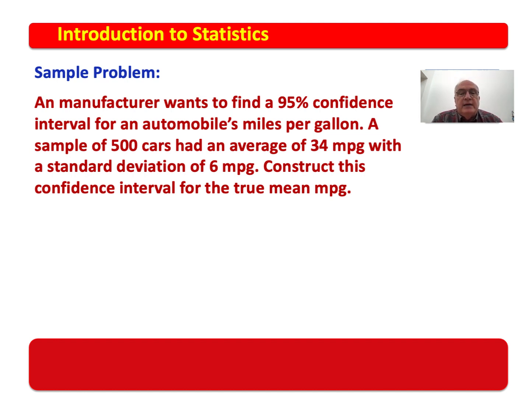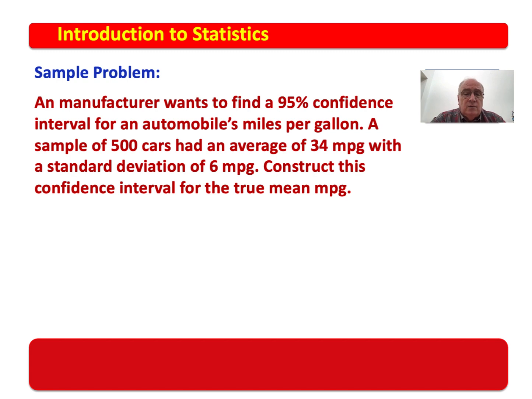A manufacturer wants to find a 95% confidence interval for an automobile's miles per gallon. A sample of 500 cars has an average of 34 miles per gallon with a standard deviation of 6 miles per gallon. Construct this confidence interval for the true mean miles per gallon. Now, here's a problem that is very much what you may deal with in real life.